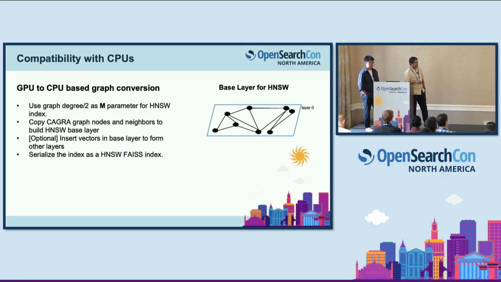The idea is you get the base layer from CAGRA, and then you start inserting these nodes into the HNSW structure and build the top layers. This is the same way HNSW works: it starts by building the base layer, and whenever you are adding more nodes, it heuristically identifies which nodes need to move to the top layers. That's the third step, and then finally we serialize into a format which our data nodes can understand. For us, that format is the HNSW Faiss index.